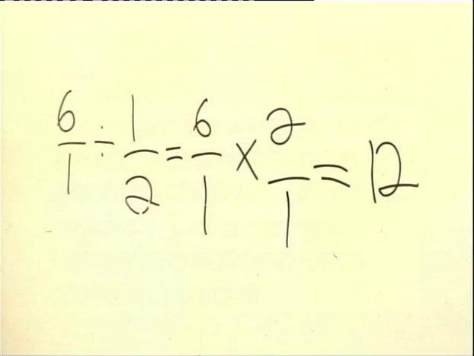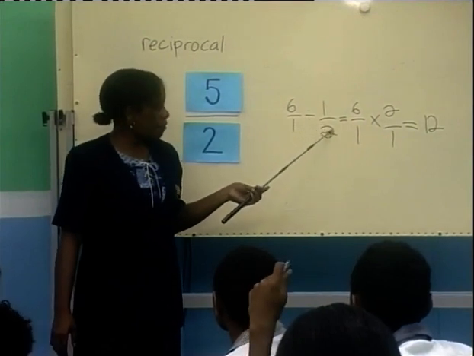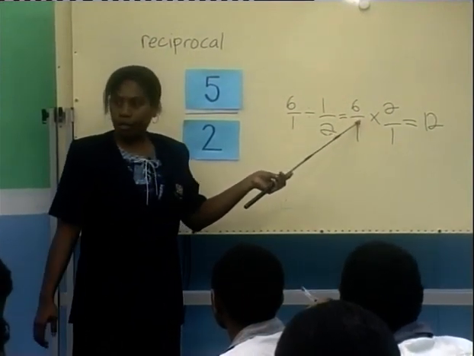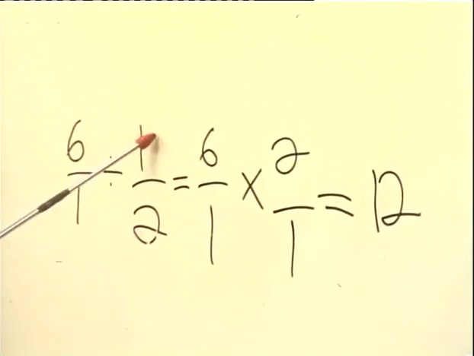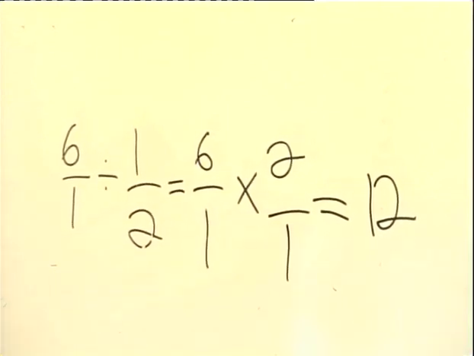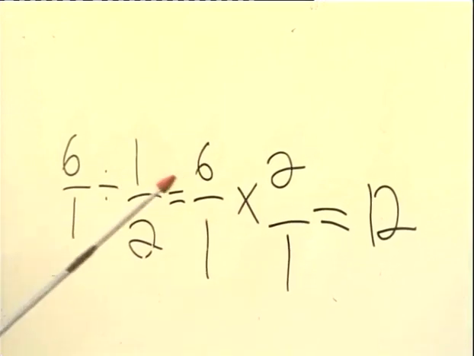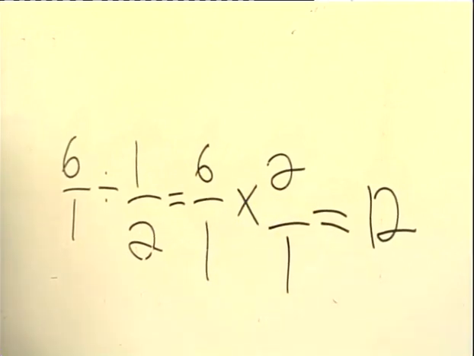Because it is a whole number. Very good, Alan. 6/1 is equal to 6. So 6/1 divided by a half, using the reciprocal method, division becomes a multiplication sign, and you get the reciprocal of a half, which is 2/1. Multiply the numerators and the denominators to get your answer, 12. So altogether, how many children had their share? 12.